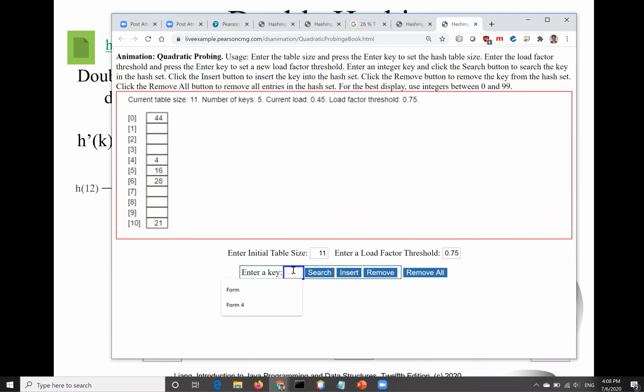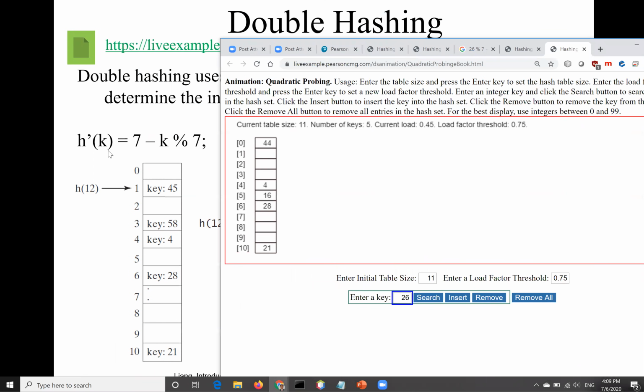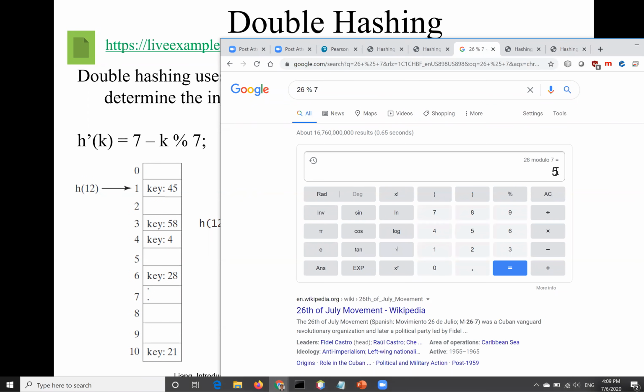So let's put 26 right here. Insert. So we're going to put 26. This is going to be mapped to 4 initially. So 4 is already occupied. And so what is the secondary hash function for 26? 26 remainder 7 is 5. 7 minus 5 is 2.